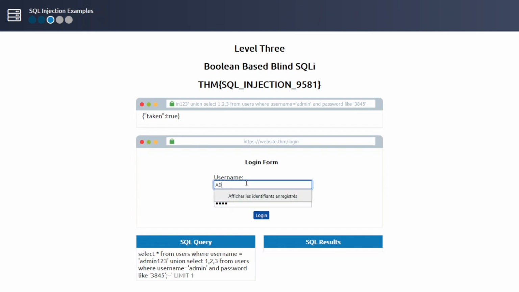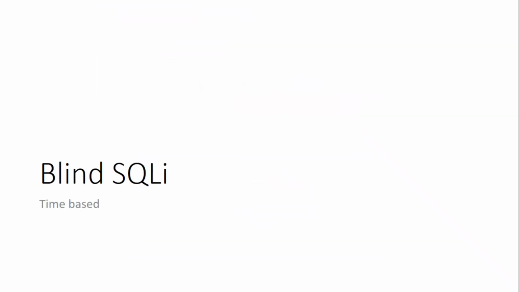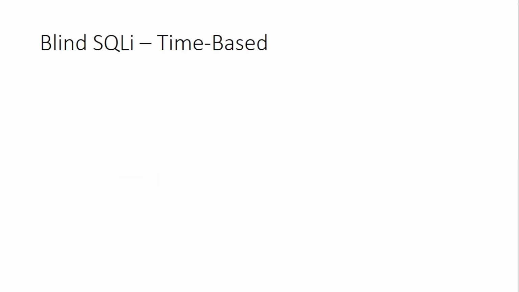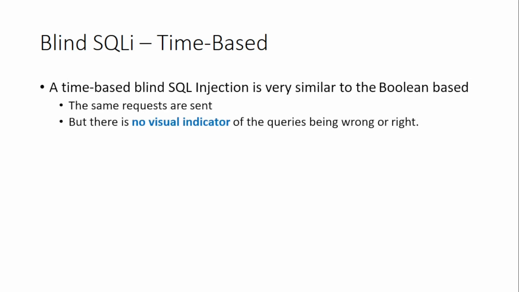And here we go. Another blind SQL injection that we'll talk about is the time-based one. A time-based SQL injection is very similar to the boolean-based. The same requests are sent, but there is no visual indicator of the queries being wrong or right.